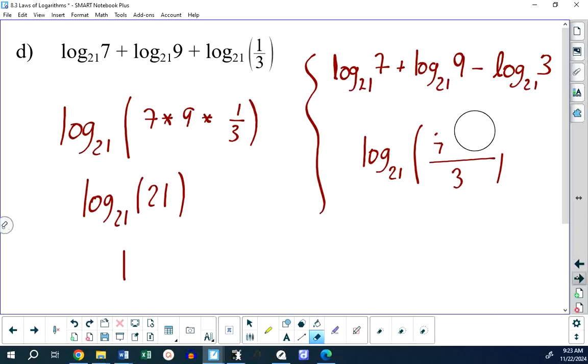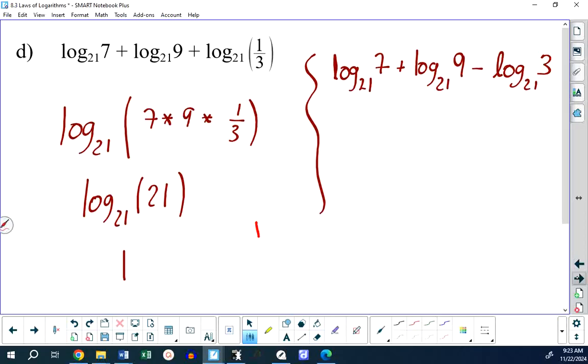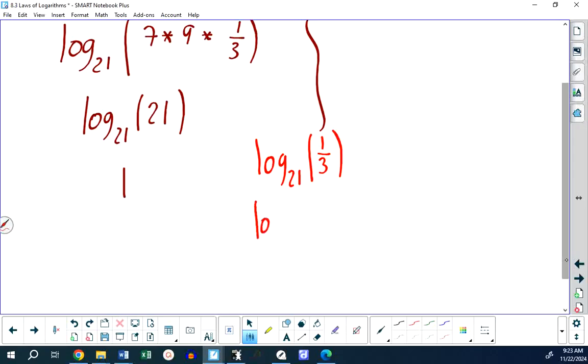The reason it works is because this log base 21 of 1/3 is log base 21 of 3 to the negative 1. 1/3 is 3 to the negative 1. But I can use the power law here and move that negative 1 out in front.